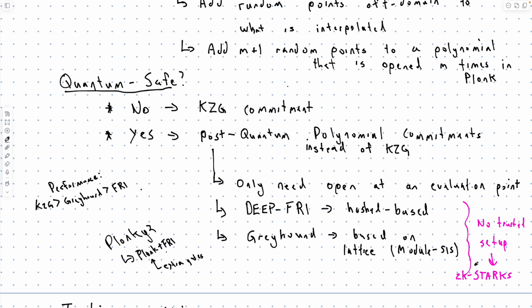But there are STARKs, like Bulletproofs or something like that, that are not quantum safe, but are transparent. So anyways, there's a company called StarkWare. They make STARKs based on FRI. And so that's one popular branch of the ZK world. Plonk with KZG is sort of another popular branch.